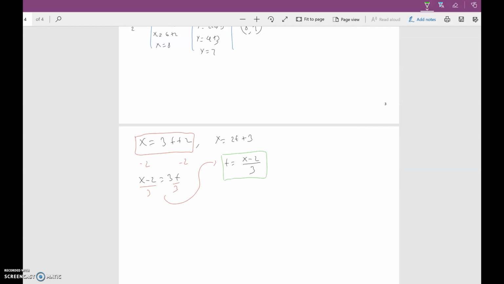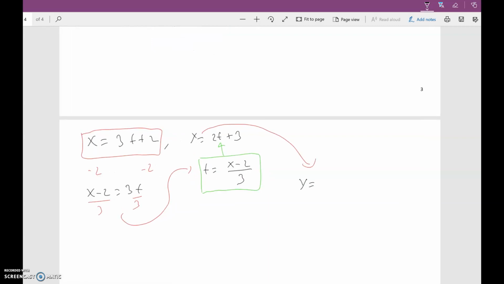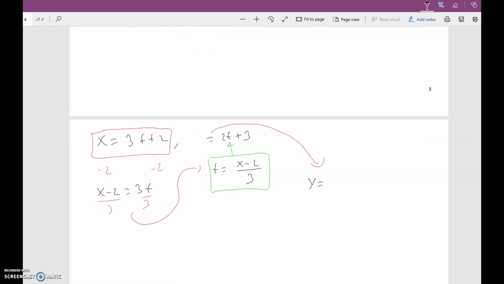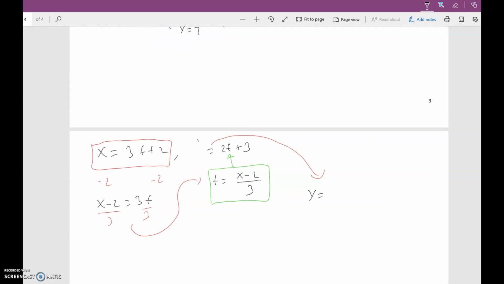At this point, you can plug it into the y function in order to express it as a single equation in x's and y's. So y is equal to 2 times x minus 2 divided by 3, plus the value of 3.